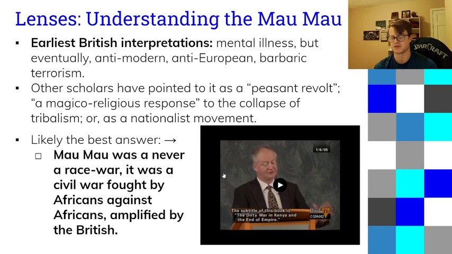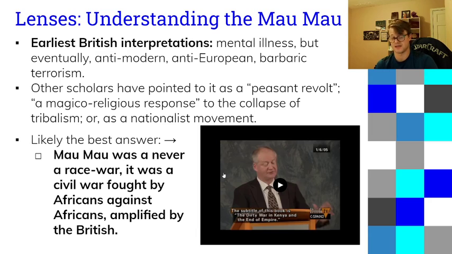here's probably the best way to understand the Mau Mau. It has very little to do with race. It is a civil war that pits Mau Mau, again, members of that ethnic group, the Kikuyu, against loyalists to the British colonial experience.